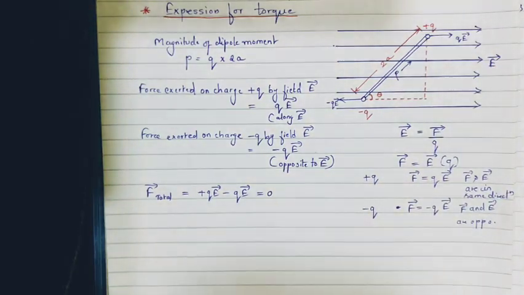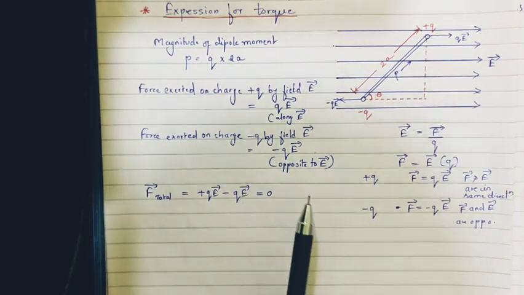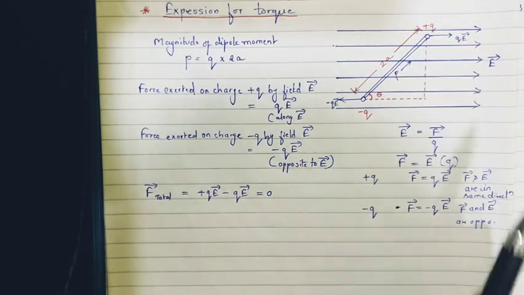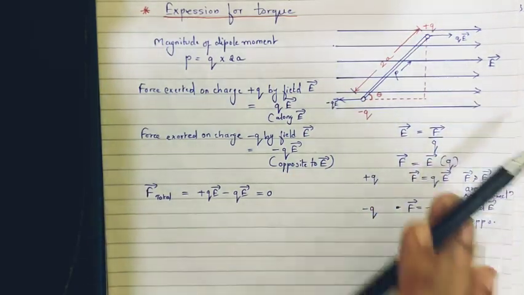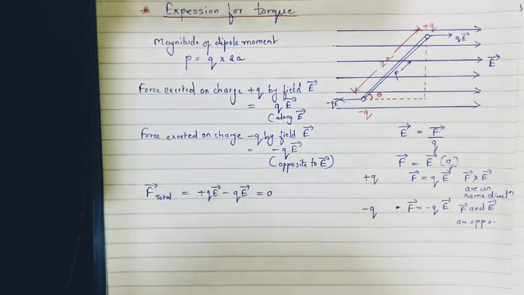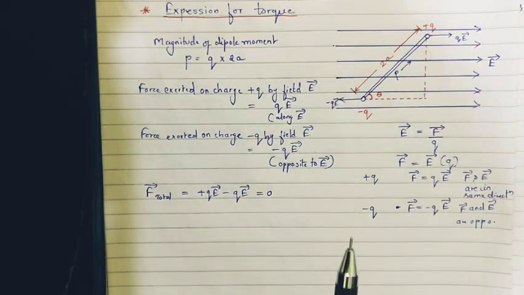So the net translating force on the dipole in a uniform electric field is 0. Since there is no force acting, there won't be a translatory motion. This should be very clear to you, a very important point. Since the net force acting on the dipole is 0, there won't be any translatory motion.